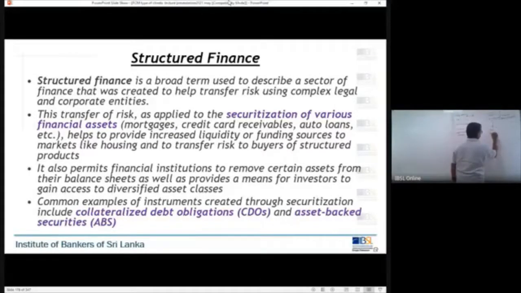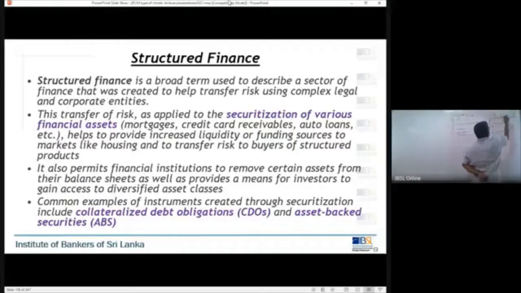Say, for example, the value of the portfolio is 200 billion. You try to sell the entire portfolio to the SPV, so what you are getting is money for that amount of 200 billion. You sell and you get the money. Clear? Right.